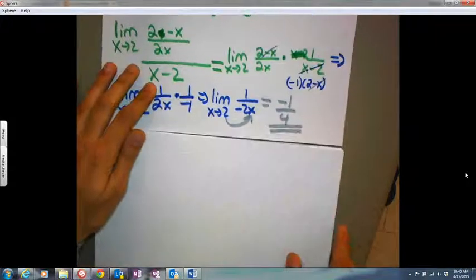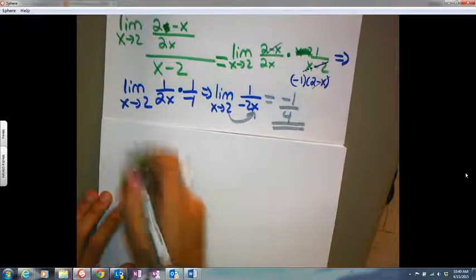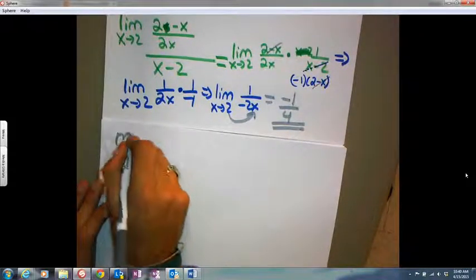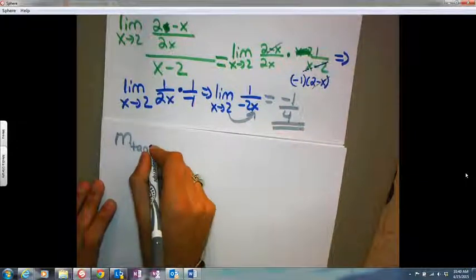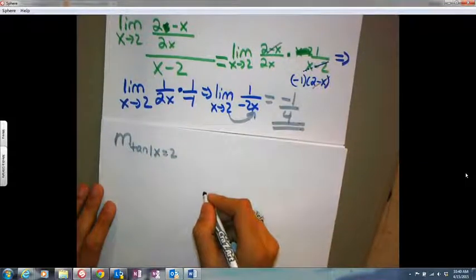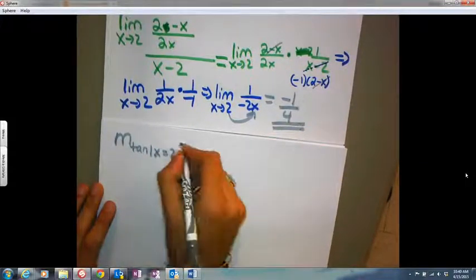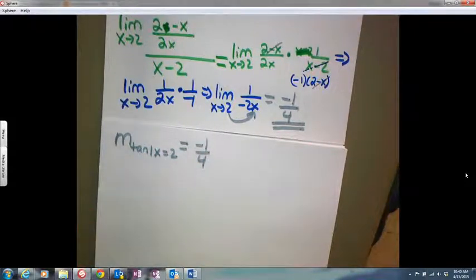So we have that the slope m of the tangent line when x equals 2 equals negative 1/4. Leslie? Instead of 9, yeah, it's just a line that means when.